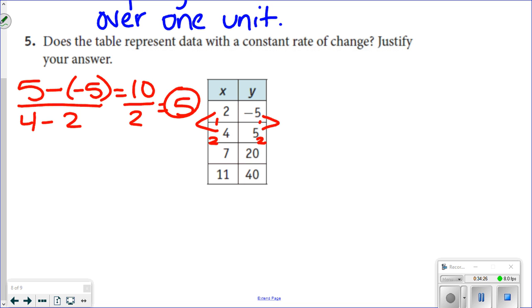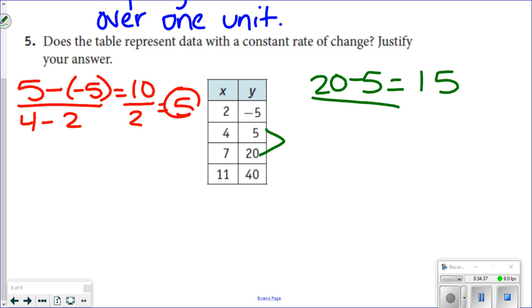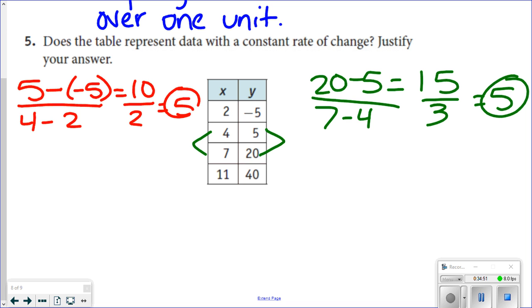All right. How many numbers do we jump from 5 up to 20? Good. 15. How many do we go from 4 up to 7? 3. Let's reduce that. 15 divided by 3, we get 5. So far, are they the same? Yep, but we have to keep going. Okay, if they were different, we could stop right now.